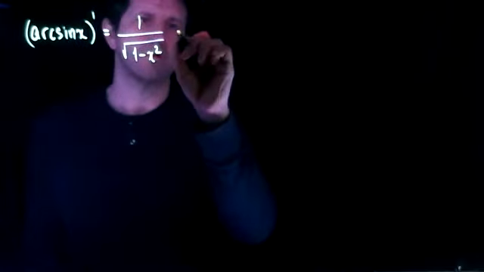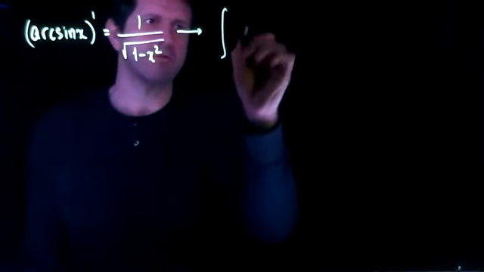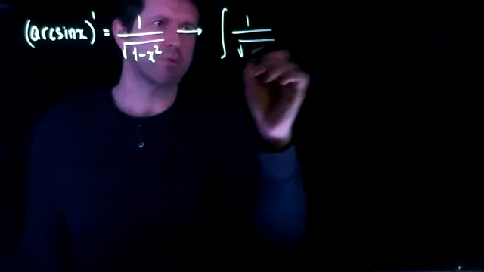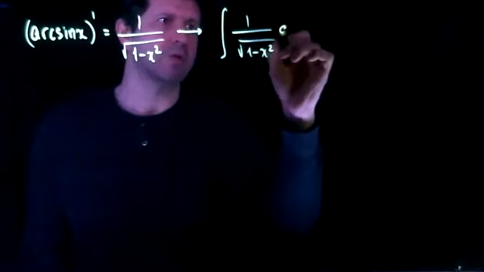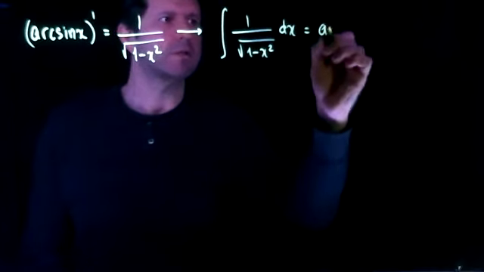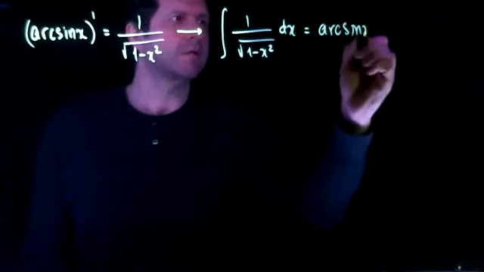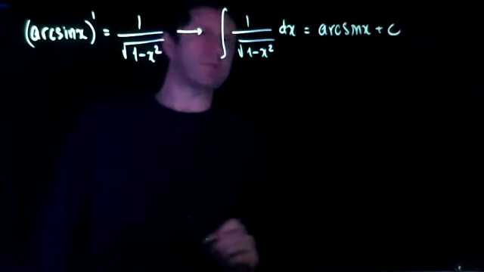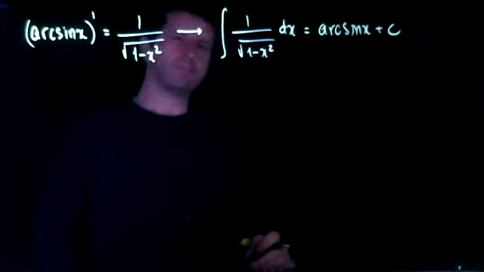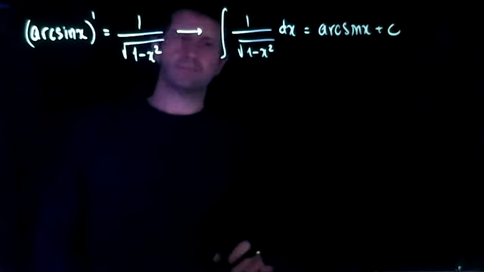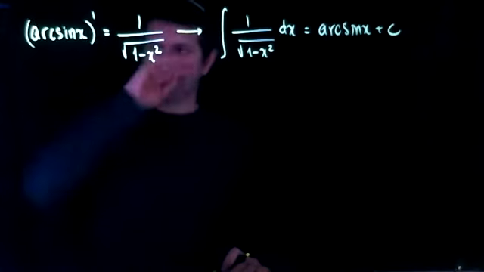This means that the antiderivative of 1 over square root of 1 minus x squared dx is equal to the arc sine of x plus c.